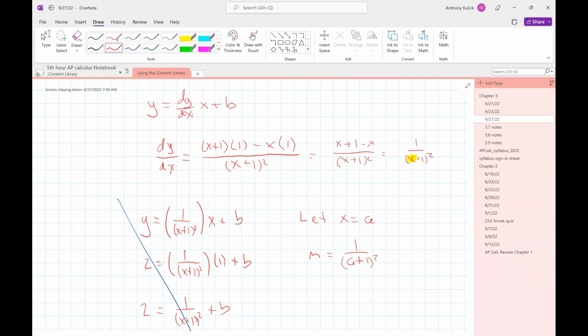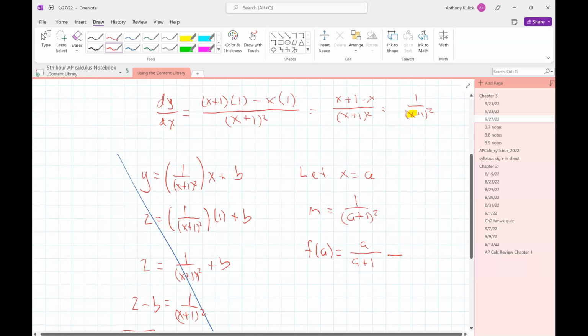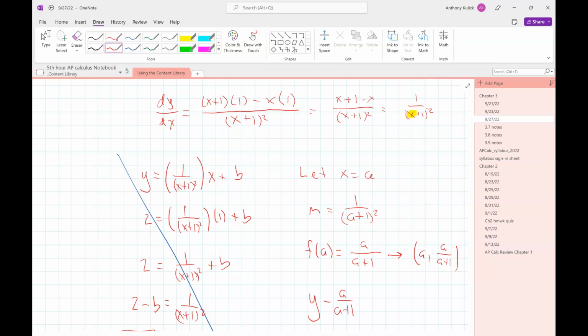And then if I plug a into our function, I have the point a over (a + 1). So that's what I'm going to do to write my equation for my line.